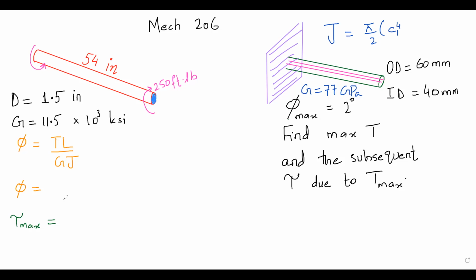TL over GJ. So T is 250. Is that two problems or just one? Two separate problems. 250 foot-pound, one page for you from here and one page for you from there.